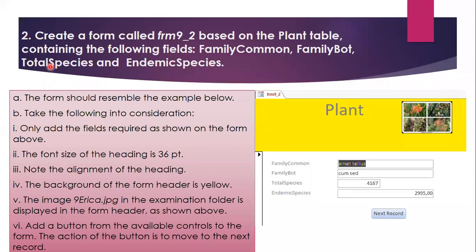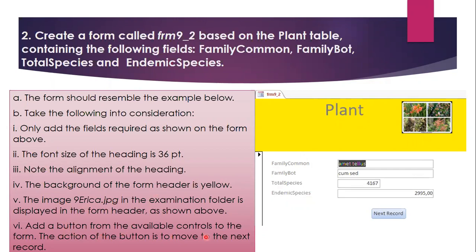Okay, so your form, you've been asked to create this form, and it needs to look something like this. Your heading size, I want it to be a size of 36, and it must be in the center. Then the image which I want in my heading is 9erica.jpg, and this will be in the examination folder.